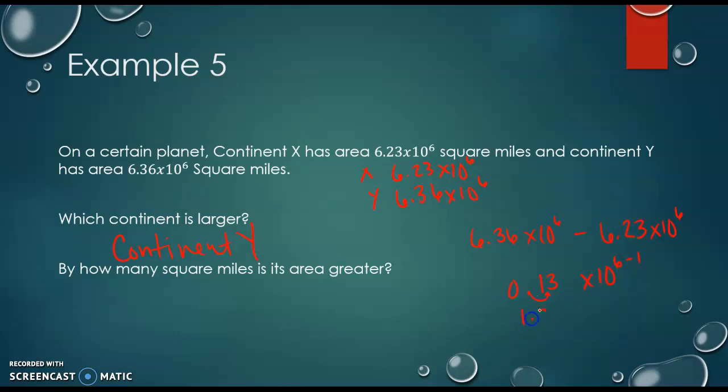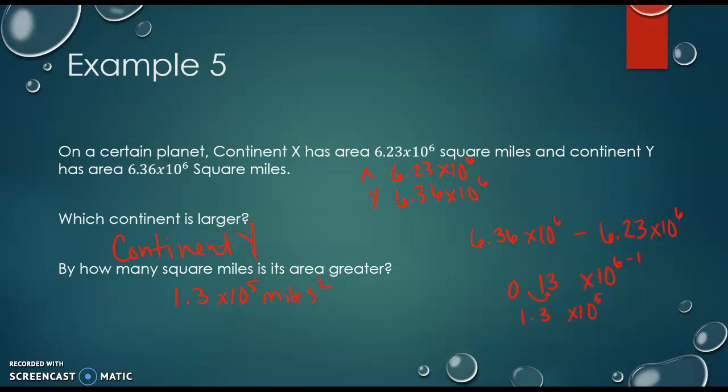So we end up with 1.3 times 10 to the 5th power. That is our difference. That's how many more square miles continent Y is than continent X. So our answer is 1.3 times 10 to the 5th power miles squared. And that's our answer.